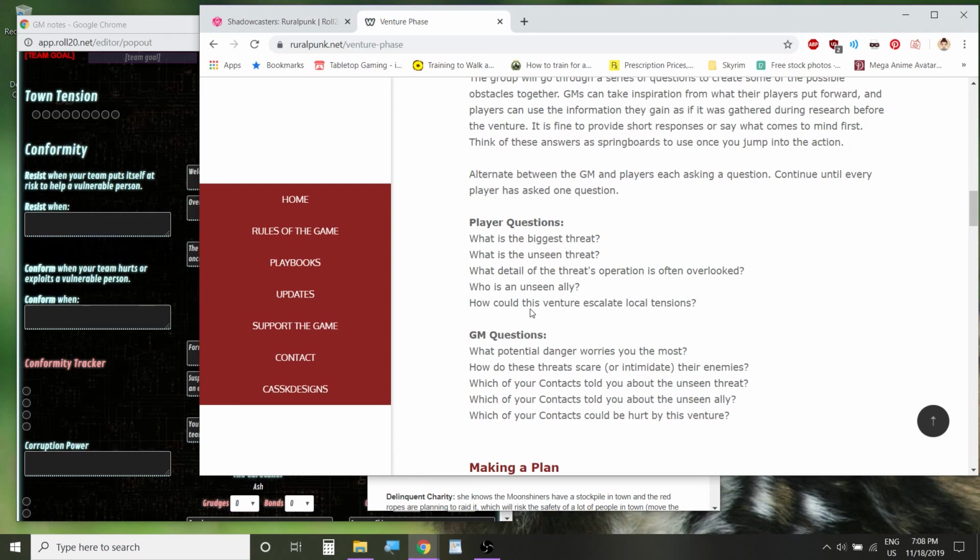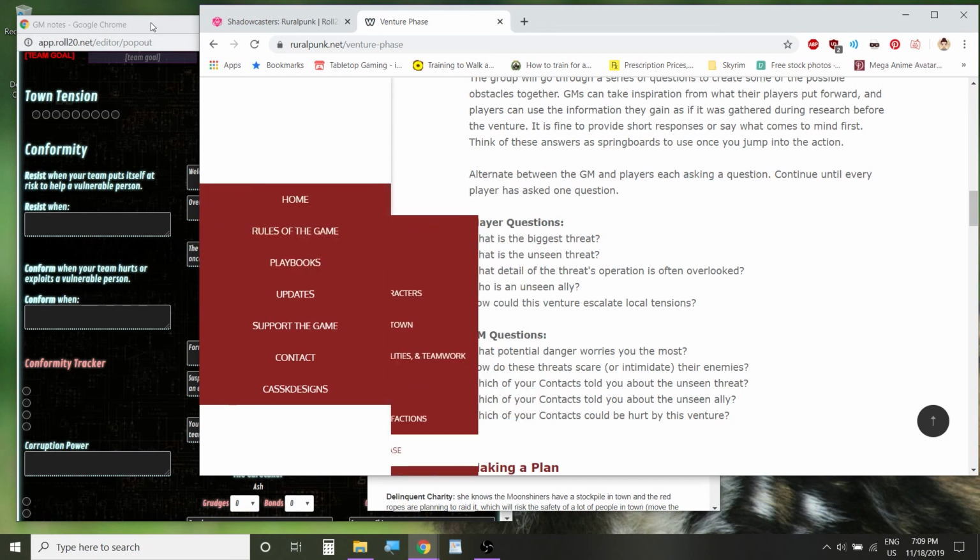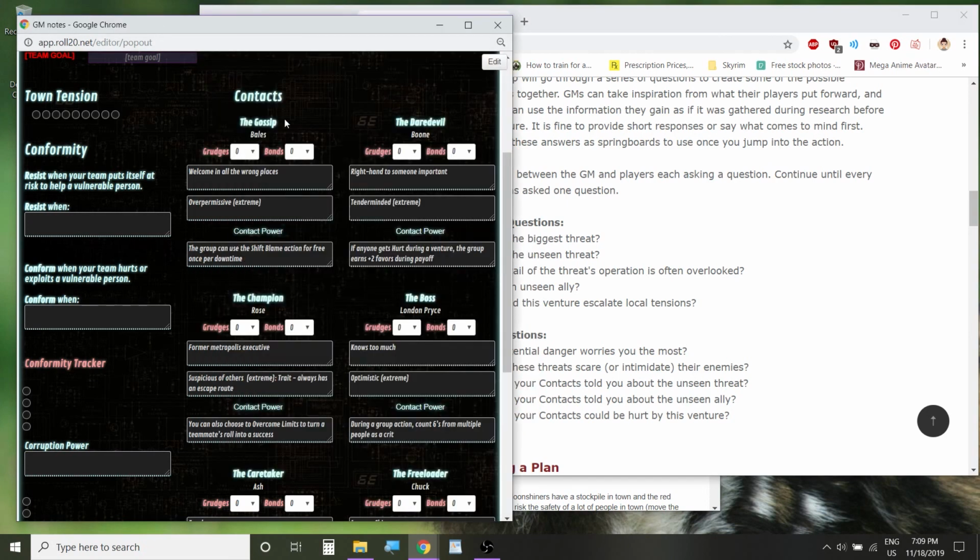So this is something that, as someone who doesn't like doing a ton of prep and has kind of an improv GM style, I like, and it's part of the way the game is designed, is now that I know the first level about the town contacts and what they want, the rest we can kind of just make up as a group as we go. And really the only times I need to update things are if I want to change a trait.